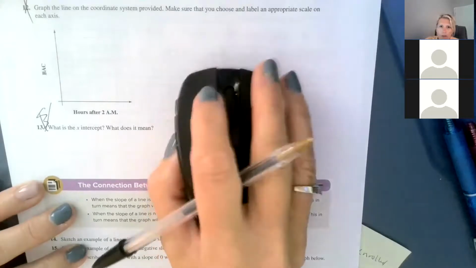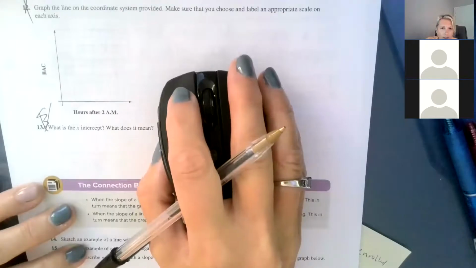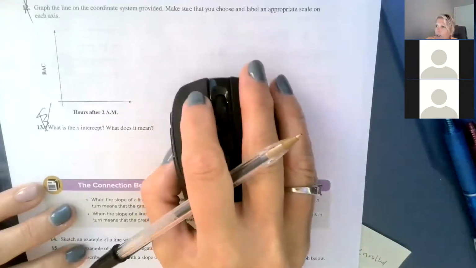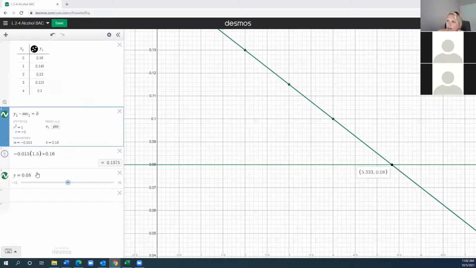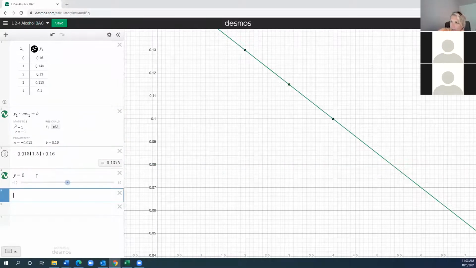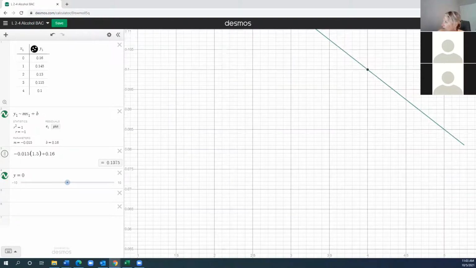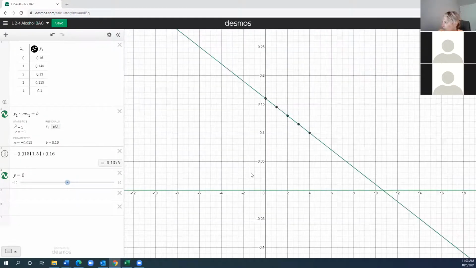So before we end, let's go back to Desmos for a minute. And we can again force our y to equal 0. When we do that, I am going to zoom. I'm going to go up here to the top right. I can zoom in and out. So I'm going to zoom out for a minute so I can get to the 0.